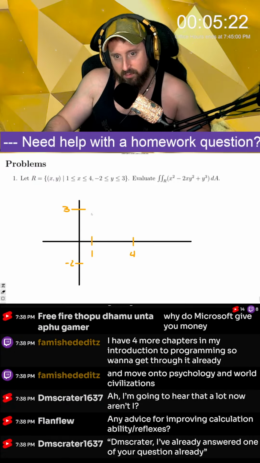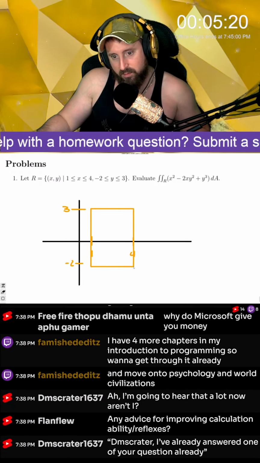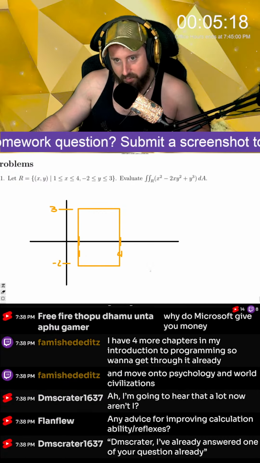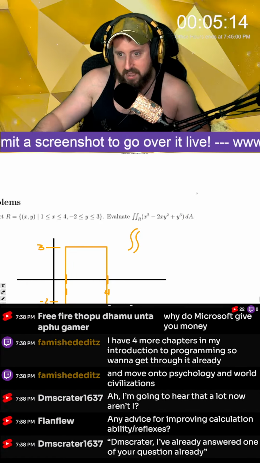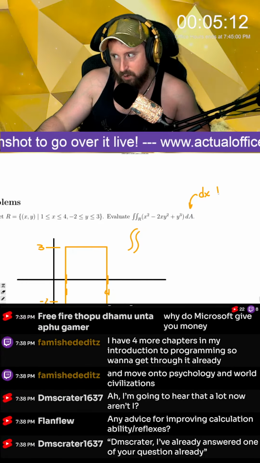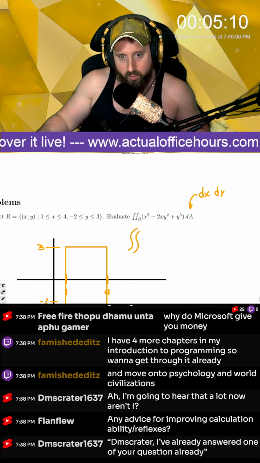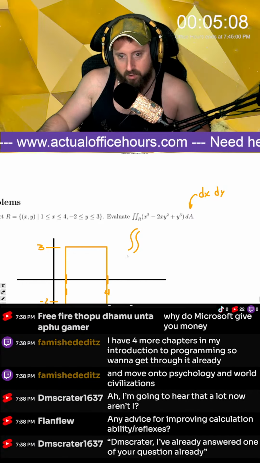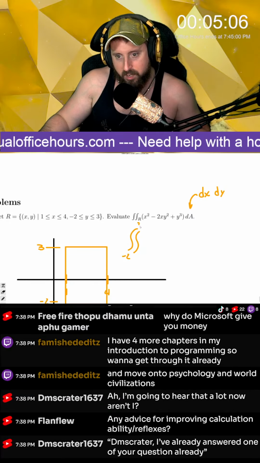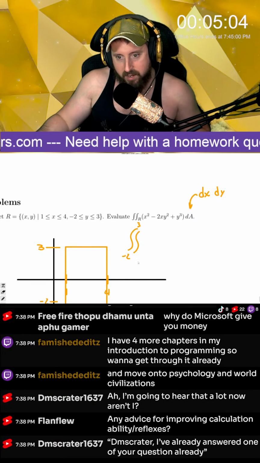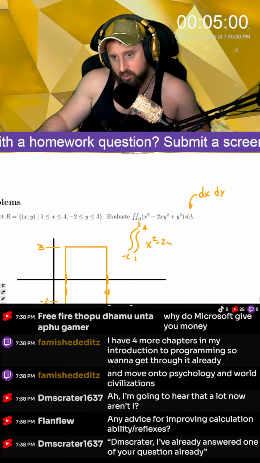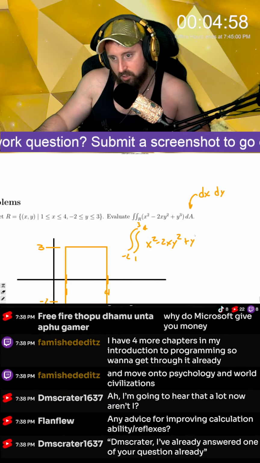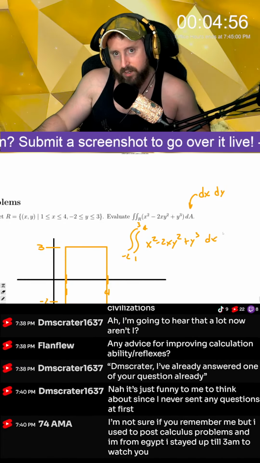It looks like just one big box. Okay. So then this is the integral, and dA in Cartesian is equal to dx dy. So outside, y goes from -2 to 3, and inside, dx goes from 1 to 4, and then it's x squared minus 2xy squared plus y cubed dx dy.